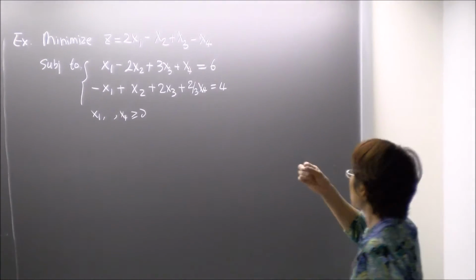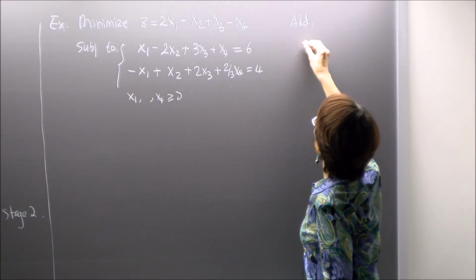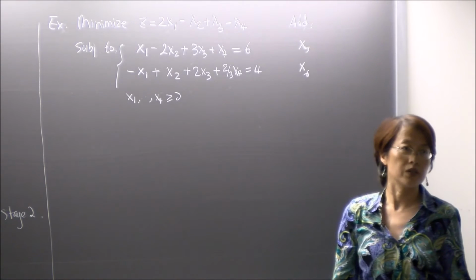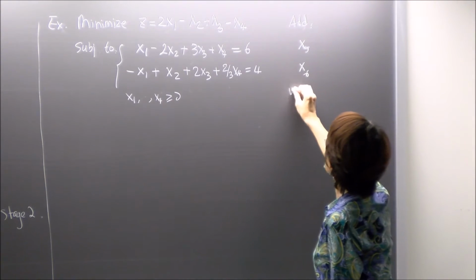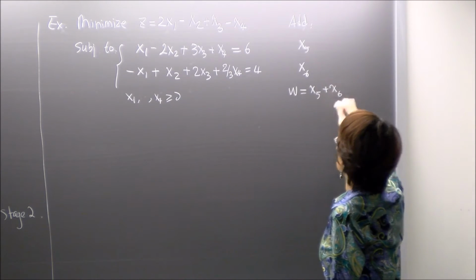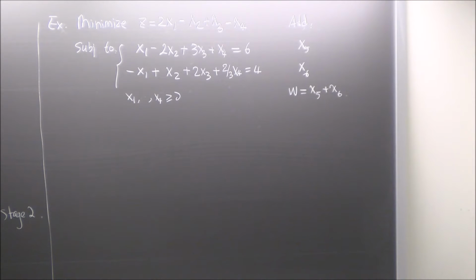Is that clear? Just do that. So I will be adding 2 artificial variables, x5 to this equation and x6 to that equation. And then I will declare that W is the sum of these 2, right? And then I set up the equation for W, and I will pivot and do all that.